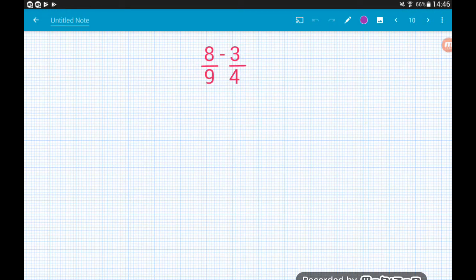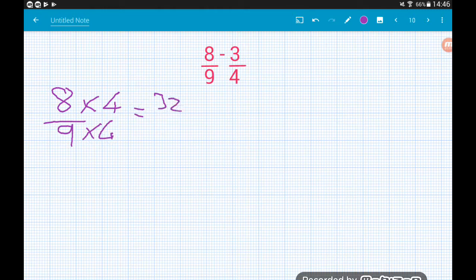8 ninths minus 3 quarters. Okay, so the lowest common multiple of 9 and 4 is going to be 36. So we're going to multiply 8 ninths by 4s. 8 times 4 is 32. 9 times 4 is 36. And then with 3 quarters, we're going to multiply by 9.